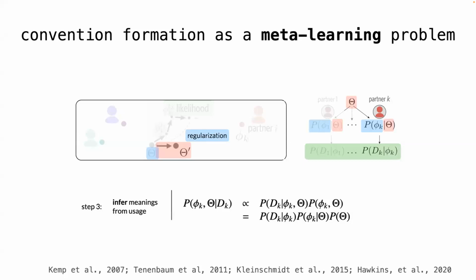And it turns out that this can be shown to be equivalent to a hierarchical Bayesian model. So that's a nice result. What I'm trying to argue is that having the flexibility of going back and forth between these matters. There are some problems where this is much more natural, especially if you're trying to scale up to natural language.